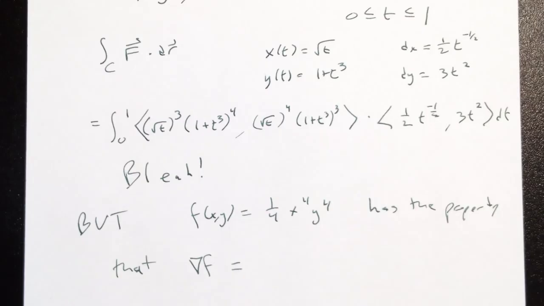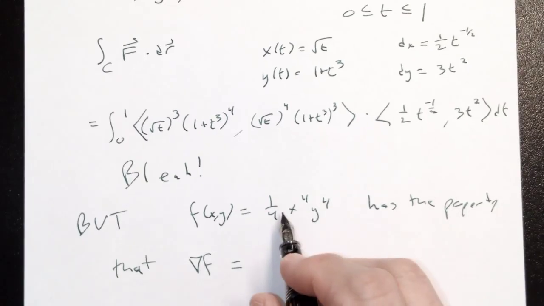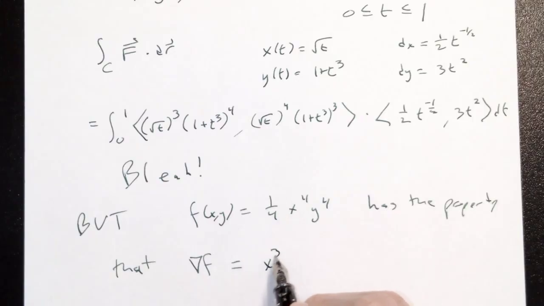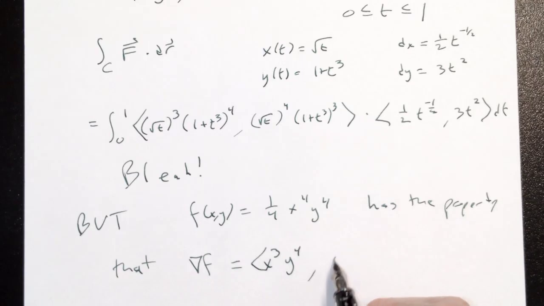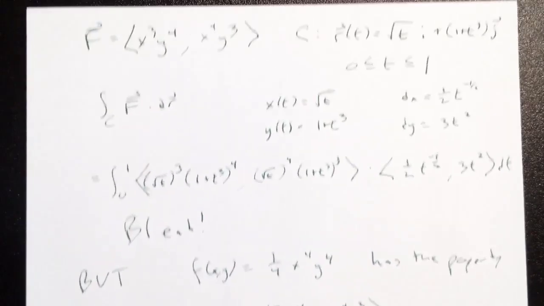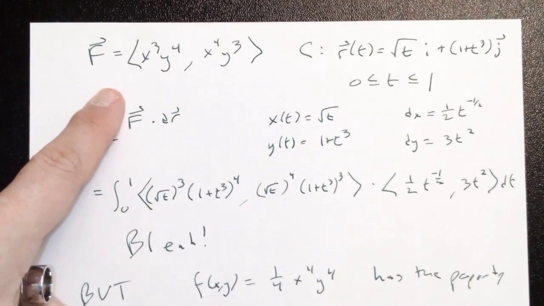Unfortunately, no, because when I do my derivative with respect to x, the x cubed stays, the y to the fourth is multiplied by it. What's my y derivative then? Hey, wait a second. That's our vector field F.